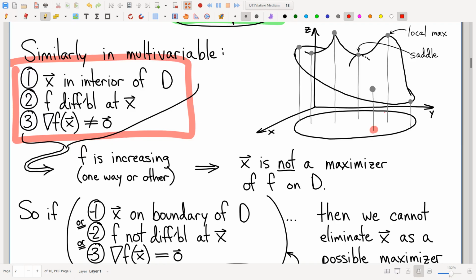Presuming, as vaguely suggested by the diagram, that the function's differentiable, well, it's definitely in the interior, and the gradient would appear to be kind of that way, which is non-zero, and that can't possibly be a maximum. Look, the function's still increasing as you go in the direction of the gradient. It can't be at a maximum if the function's still getting bigger. That's the big idea.